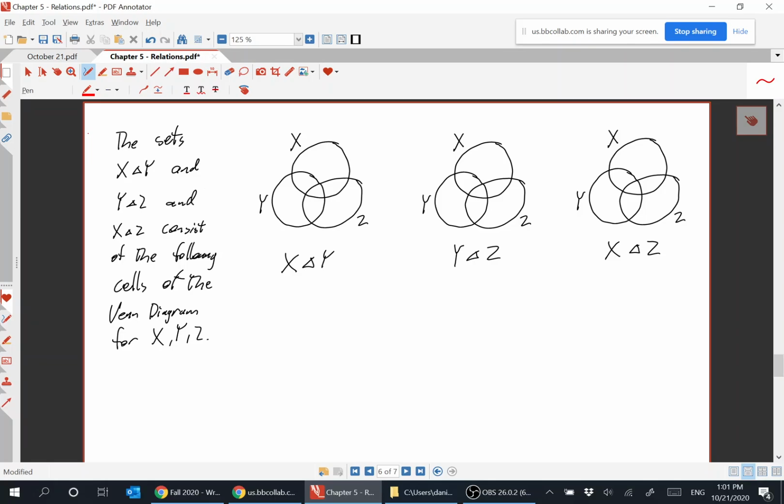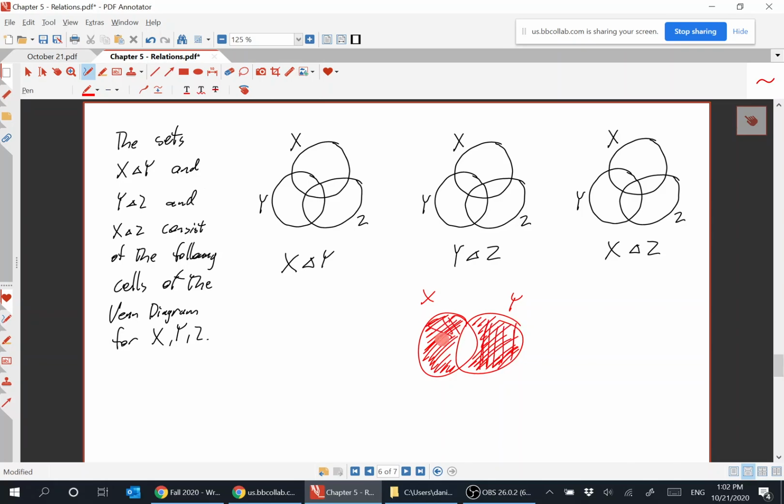So what about X symmetric difference Y? Which cells in this Venn diagram correspond to that? Where X symmetric difference Y, just when you have two sets, is this area and this area.